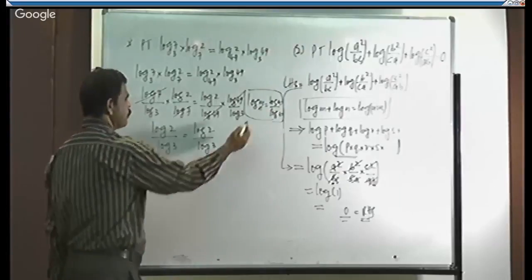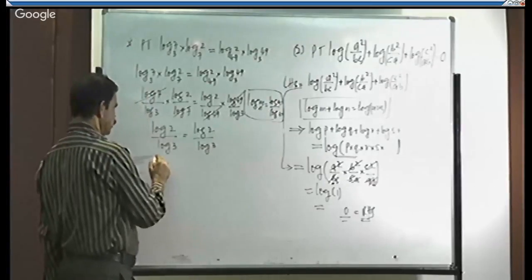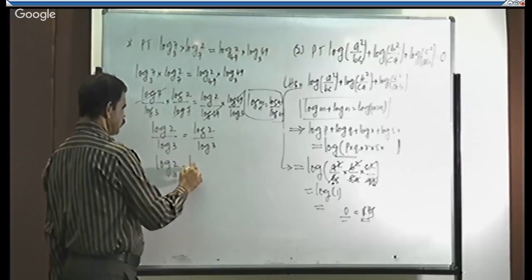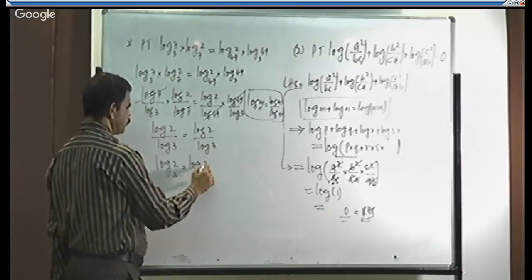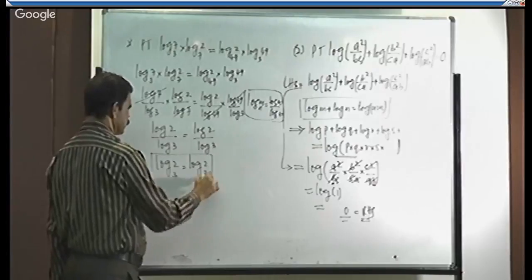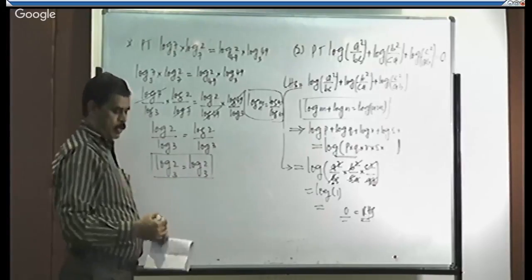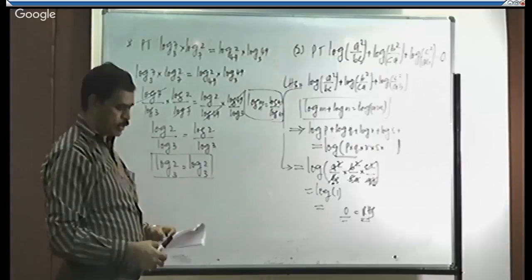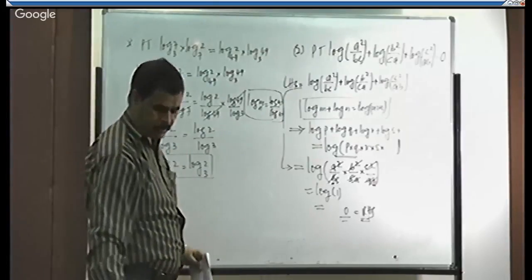So if I use this law, it becomes log of 2 to the base 3 is equal to log of 2 to the base 3. In both the steps we have the left hand side equal to the right hand side.